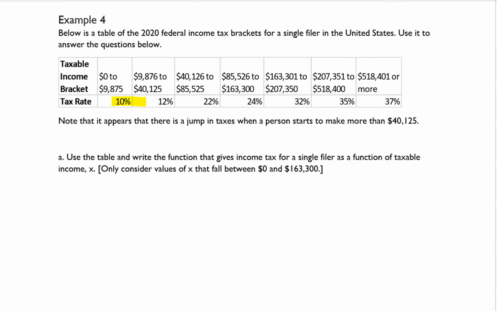So, notice from 10 to 12, you're increasing by 2 percentage points, but after you've started making more than $40,125, it appears as if there's a larger jump in the taxes that you are paying. So that's something that we want to address at some point when we're going through this example.